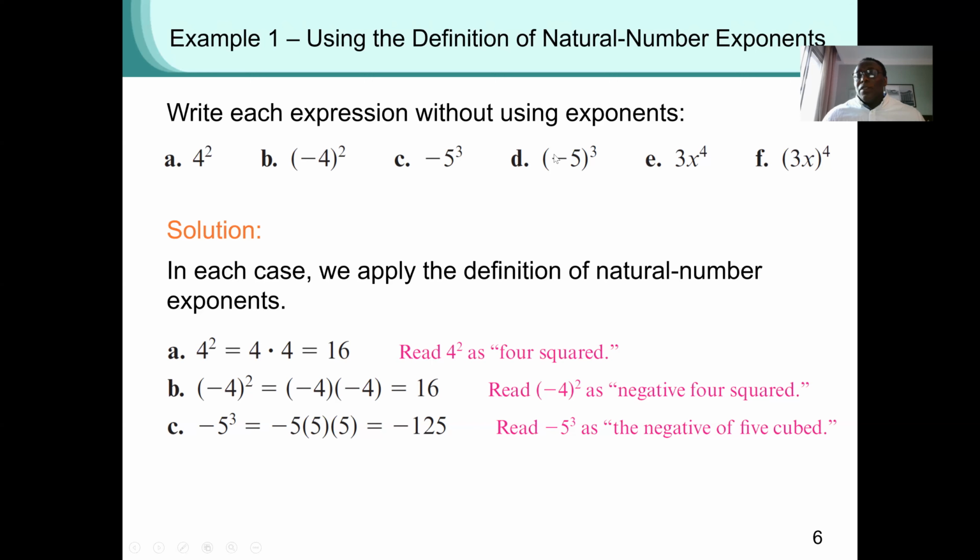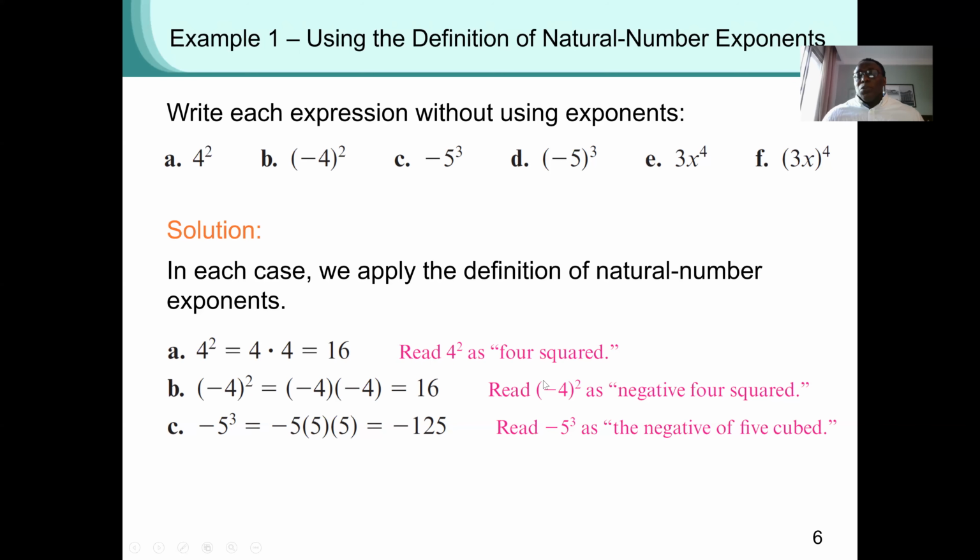So this time, the negative also has to be cubed. So it will be negative times negative times negative. Now, negative times negative will give me positive, times another negative will give me negative. So let's write down the first answer here. So we have the negative down, 5 times 5 times 5 is 125.